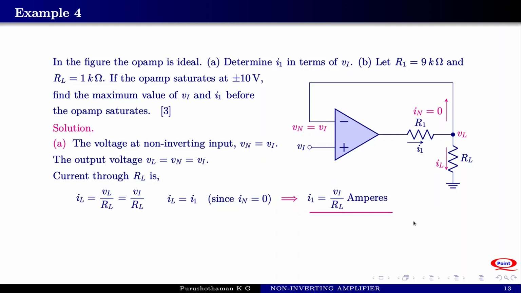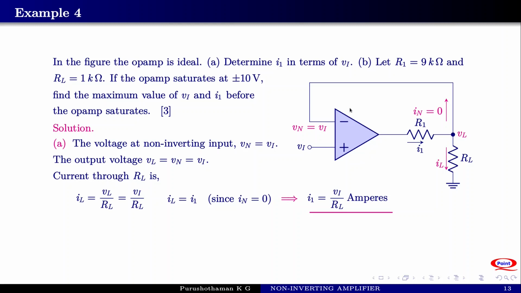Now for the second part, R1 equal to 9 kilo ohms and RL equal to 1 kilo ohm. If the op-amp saturates at plus or minus 10 volt, that means if you are giving an input voltage so that the output, the gain of the amplifier, is in such a way that the output is greater than the power supply connected.